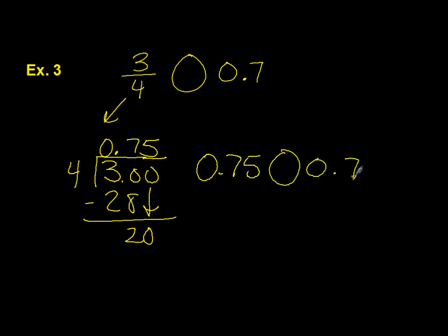So now we have 0 and 75/100 is greater than 7/10, and we put our sign in our original problem. That should say example 2, by the way.